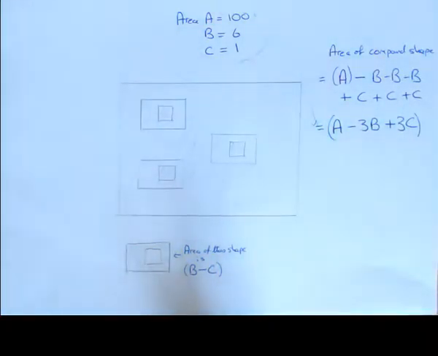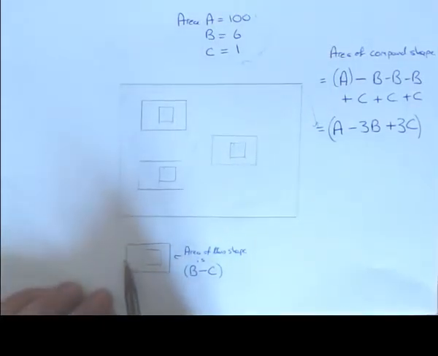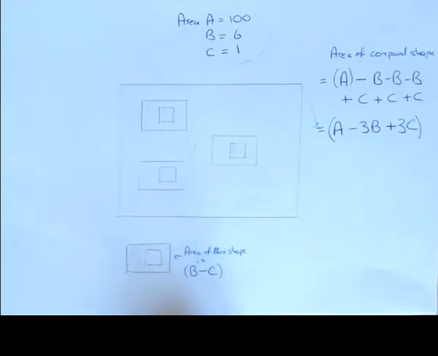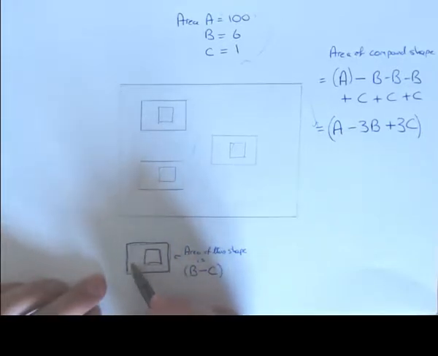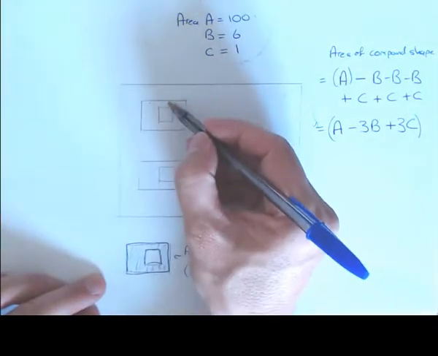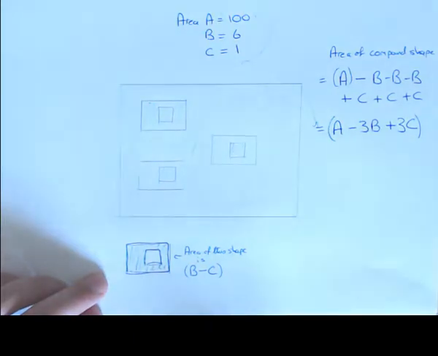I also want to give you an interesting idea. Let's have a look at the smaller shape. It's a rectangle which has area B, and it has this piece C cut out of it. So if you imagine this shaded area, this shaded area here is what you want to cut out of the original shape.